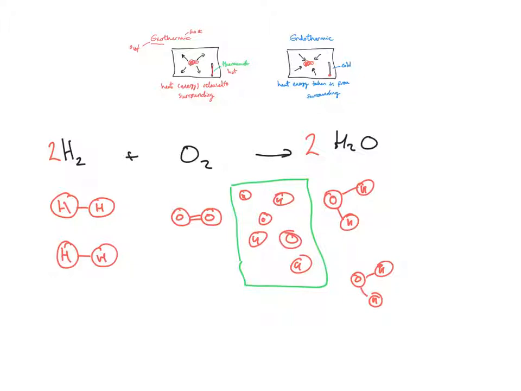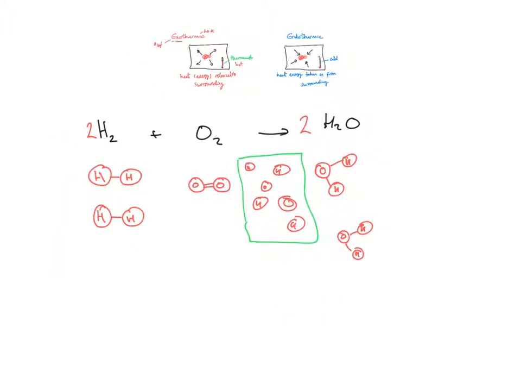So first I had to break all those bonds. In order to go from these molecules to these loose atoms, I've got to break all the bonds, and this requires energy. So energy is needed to break bonds.